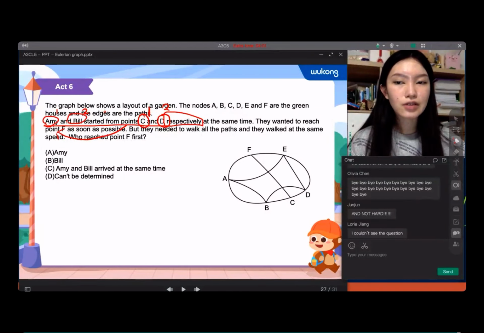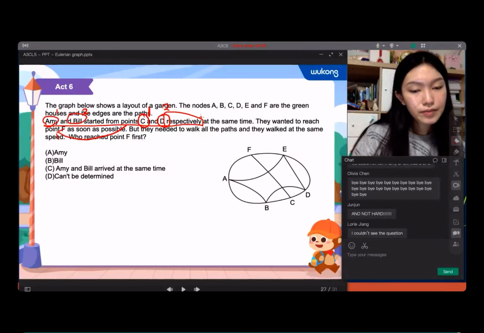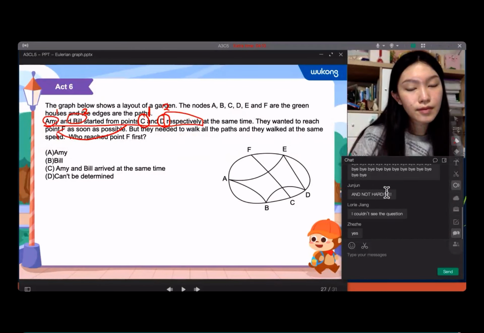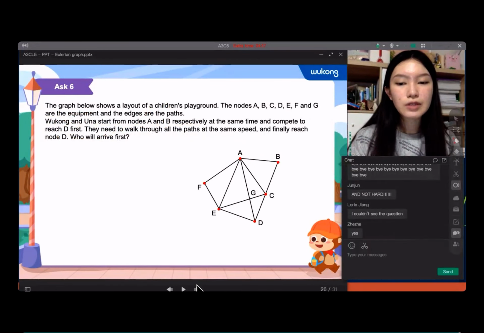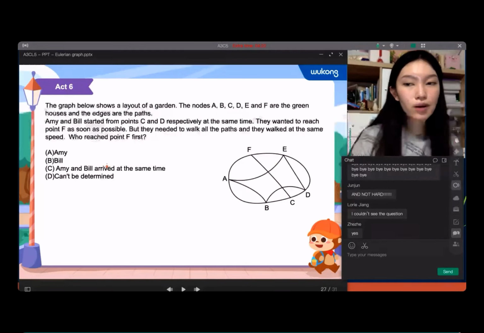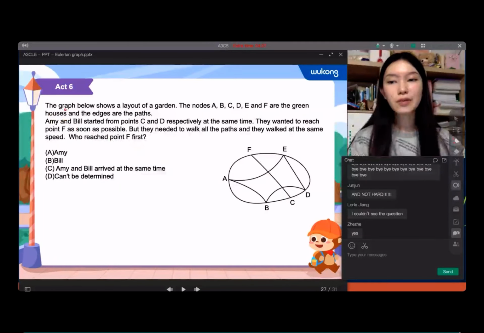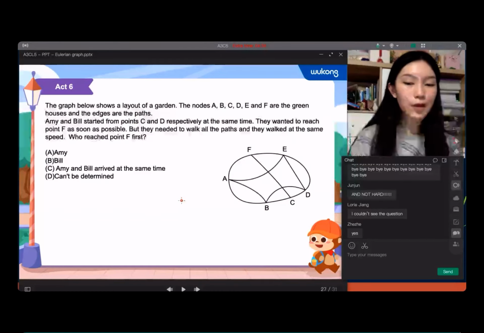And D, the second one, will be Bill's point. Does that make sense, what respectively means? So when we use the word respectively, we have things mentioned in sets, and the order that they appear will be matching, okay? So for example, in this one, Amy appeared first, therefore it would match to the point that appeared first in the second set. I hope that makes sense.